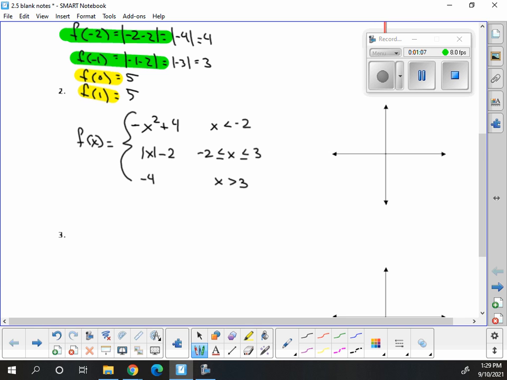And what I'm going to do is give you guys some numbers to evaluate, and I want you to try and get, if you can, a good sketch of what the graph's going to look like. So here's some numbers.